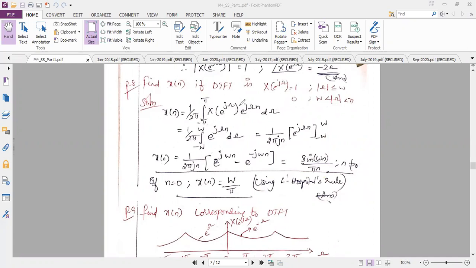Yes, what you are telling is correct. The numerator we are differentiating with respect to n only, right? Very good, your answer is correct. So it is just w in the numerator, and when you do the differentiation of the denominator, yes, very good, you are correct. So pi only we will get. Correct?